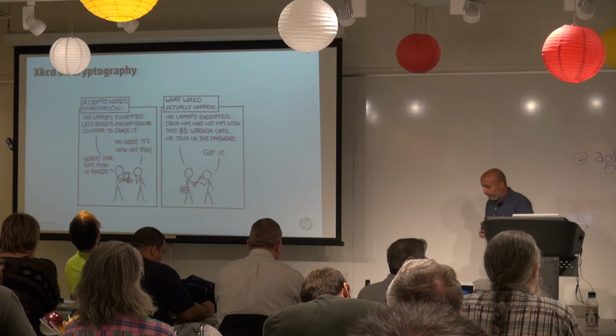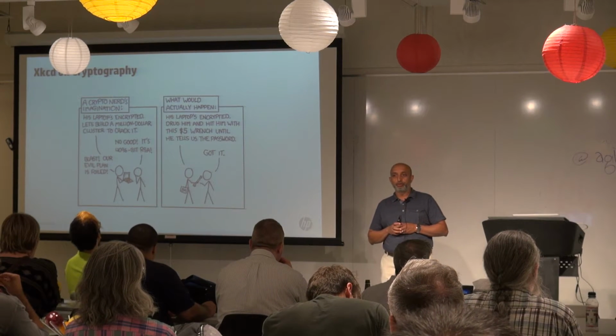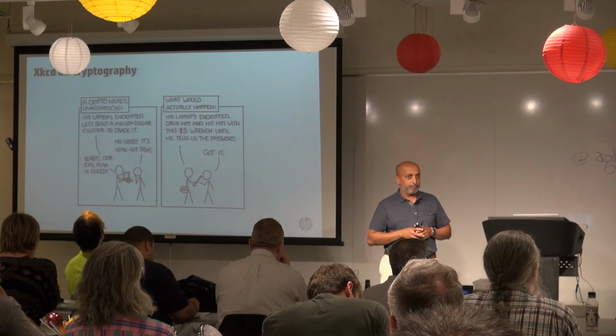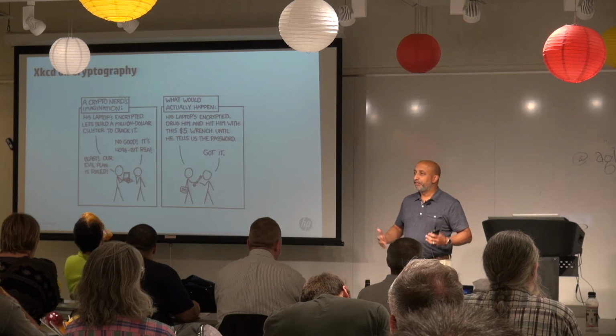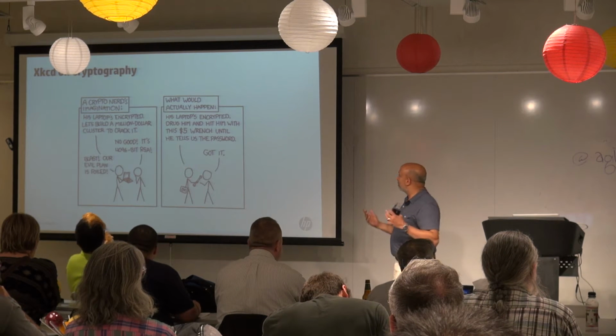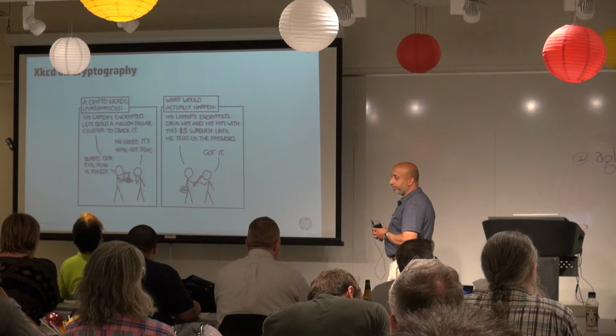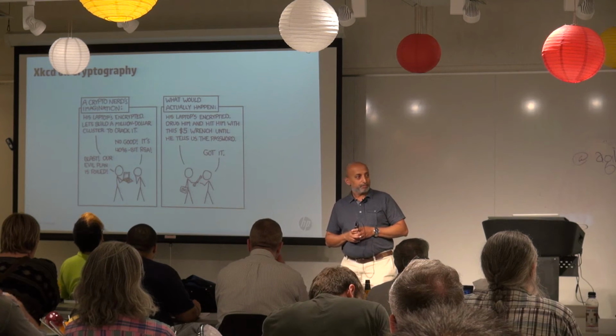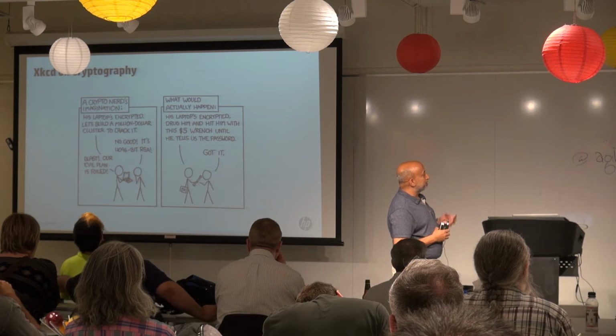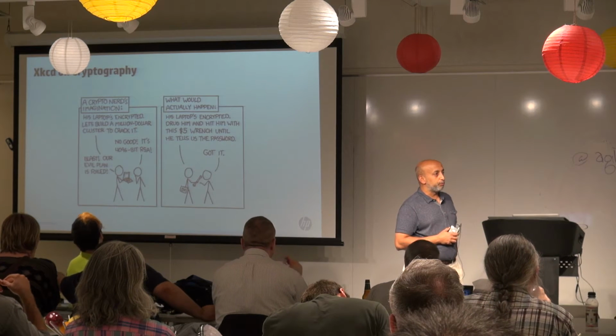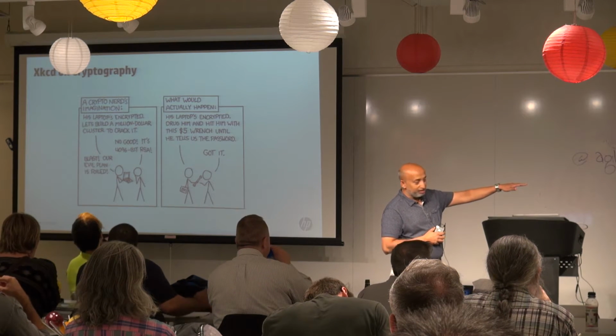XKCD is a big source of wisdom, and I try to find introductions to all my talks in XKCD. Somehow it turned out that they didn't talk too much about cryptographic hash, but this came close.